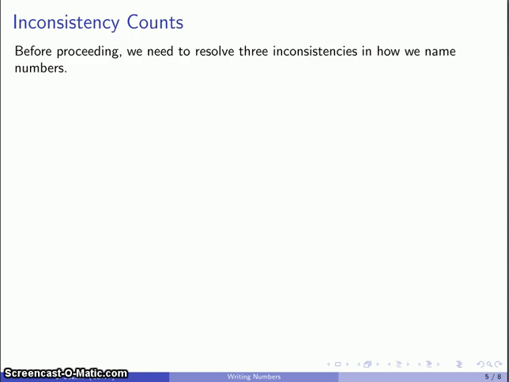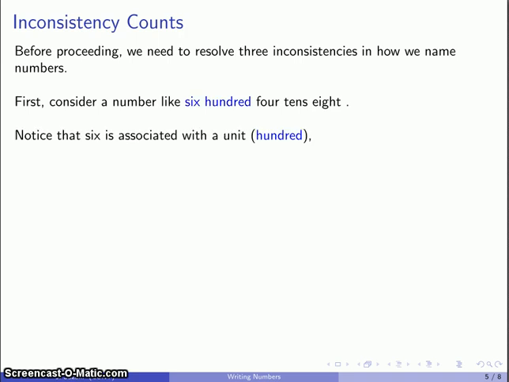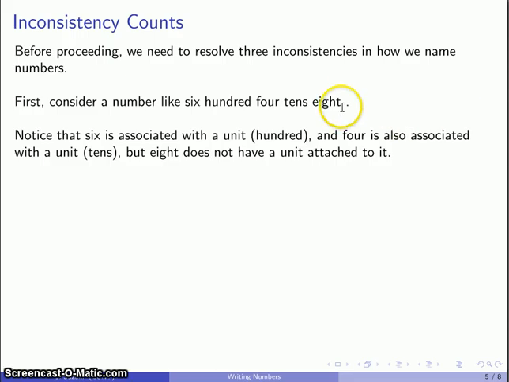Before I continue, there are 3 inconsistencies we need to resolve in how we name numbers. Look at that number, 6 hundreds 4 tens 8. The 6 is associated with the unit hundreds, and the 4 is associated with the unit tens, but this 8 doesn't have a unit attached to it.